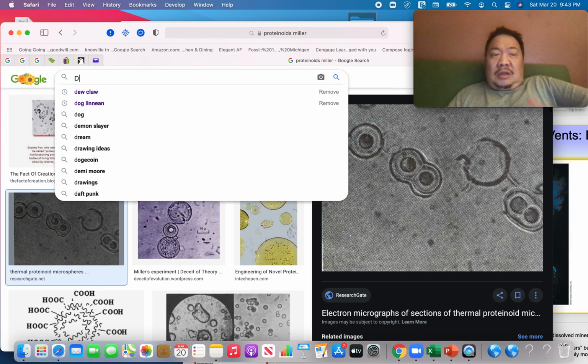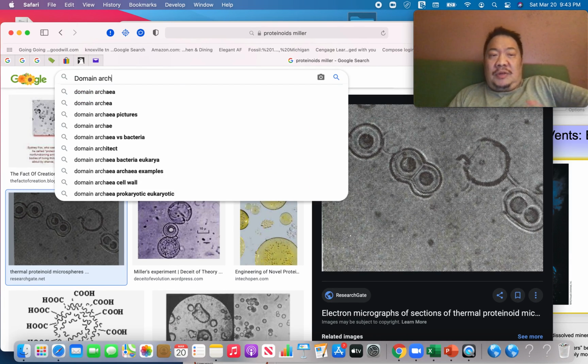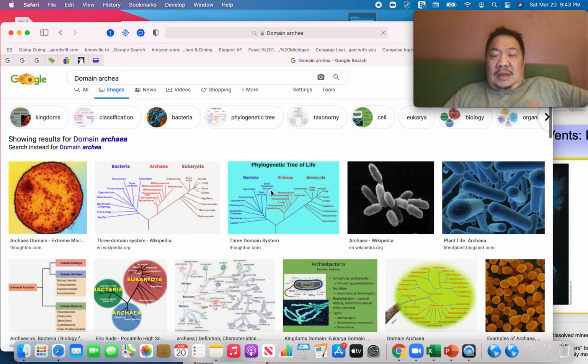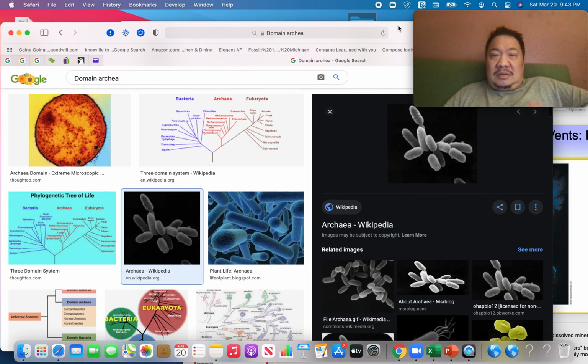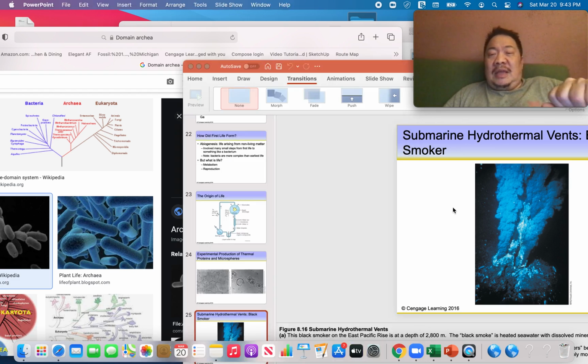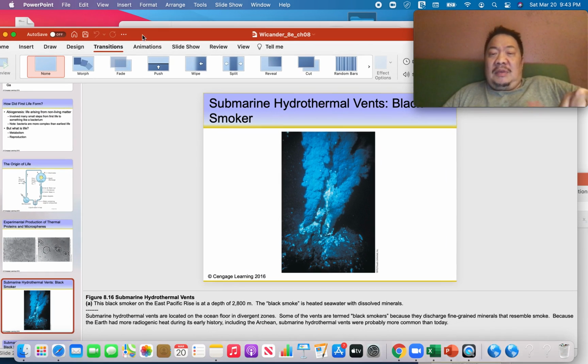Let's take a good close look and see what these creatures look like inside of these black smokers. They look like this. They're very primitive. They're microscopic. And scientists did not think that anything could be living down here on the bottom of the ocean.